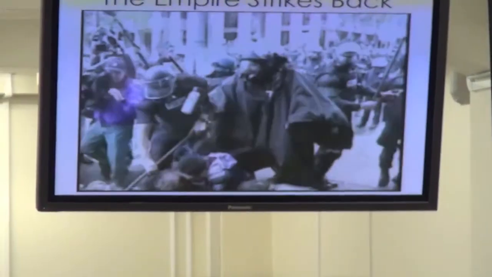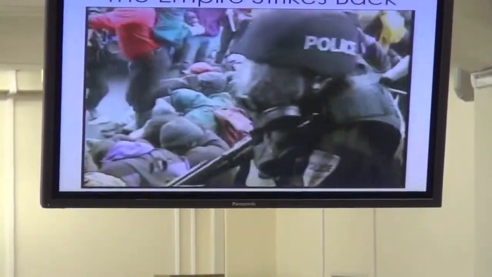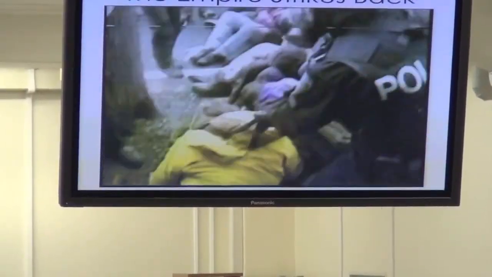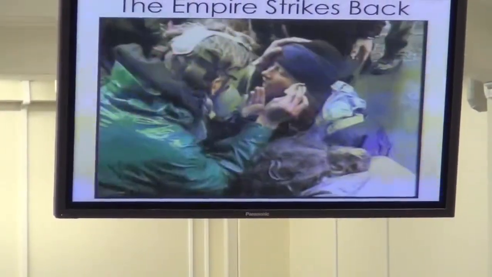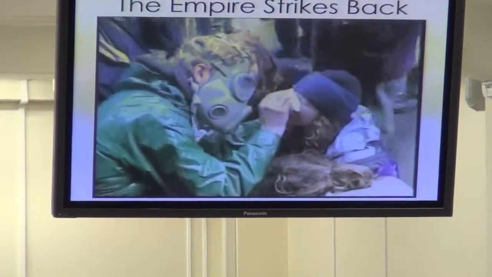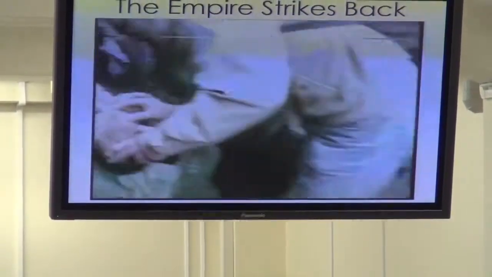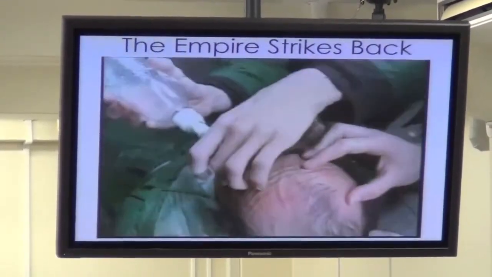Now, look at how many people are being injured, or being sprayed, or being beaten with sticks, shot with rubber bullets, dragged to the ground. These are peaceful protesters in the US, in Seattle, in 1999.